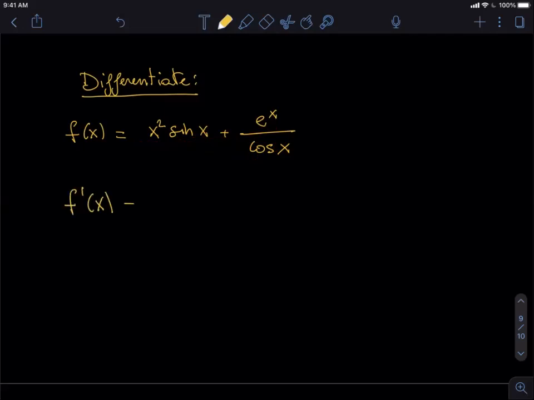do it. So first of all, when we have a sum, the derivative splits the sum. Okay, so we have the derivative of x squared sine of x plus the derivative of e^x over cosine of x.